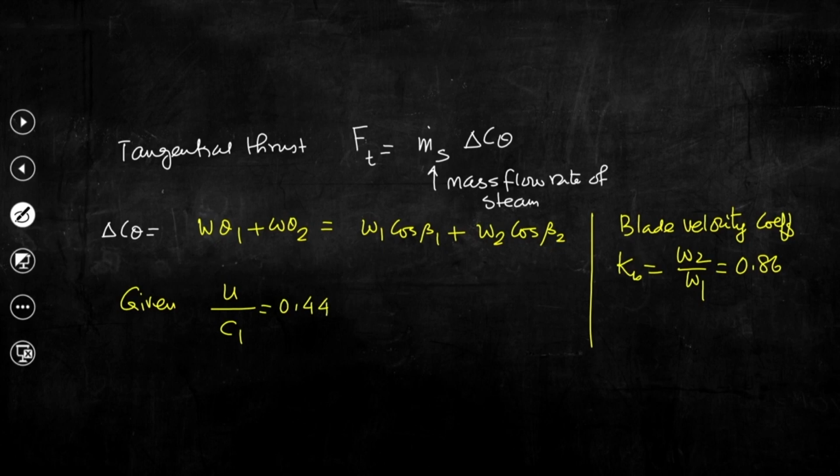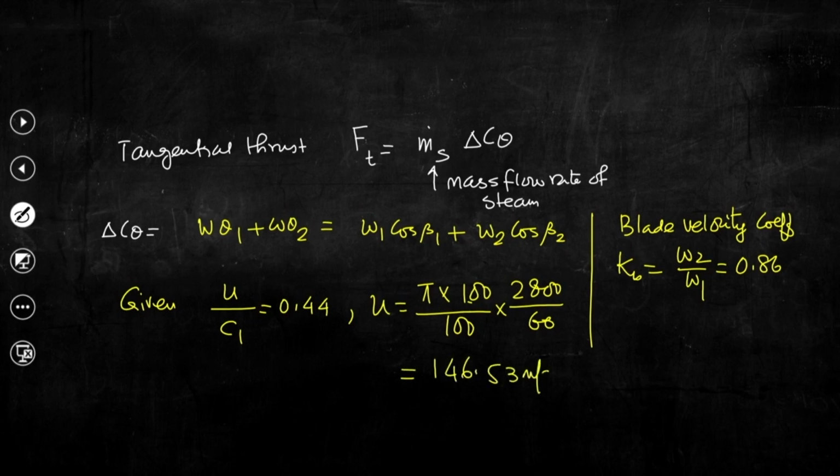Already we have calculated u, and u equal to pi into 100 centimeter into 2800 rpm divided by 60, because the mean diameter is given as 100 centimeter. If we calculate, we will be getting the mean velocity equal to 146.53 meter per second. I would suggest you check the numerical values for the problems that we will be solving today, as I might have made some mistake while calculating these values. So, this is the u.